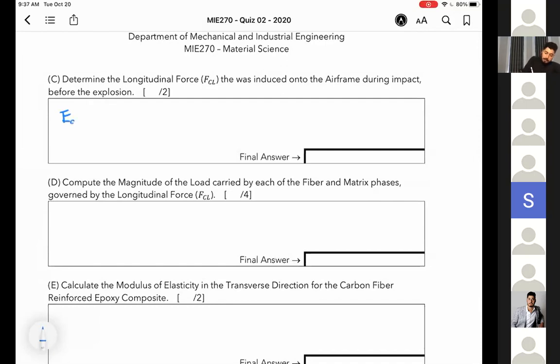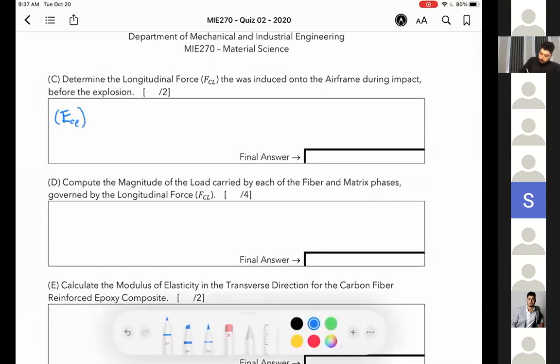We can say the Young's modulus of the composite in the longitudinal direction is equal to stress over strain, and this is in the composite longitudinal, right?